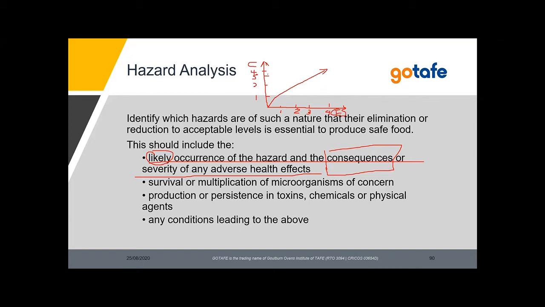Obviously, the higher the consequence or severity and the higher the frequency, the higher the risk of the hazard. And if it doesn't happen quite often and doesn't have any dramatic consequences, the risk for this hazard will be low. So that's how we do a risk analysis on those hazards.